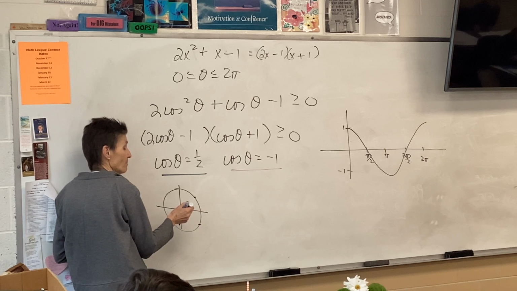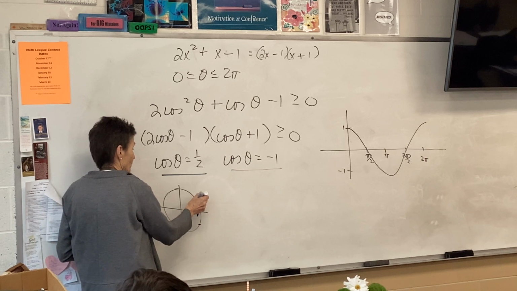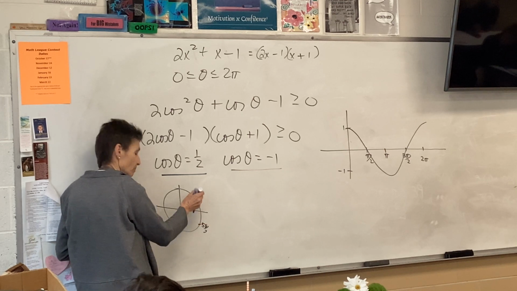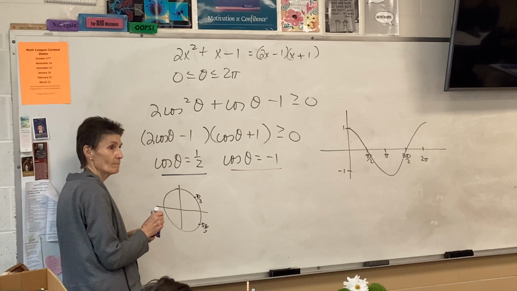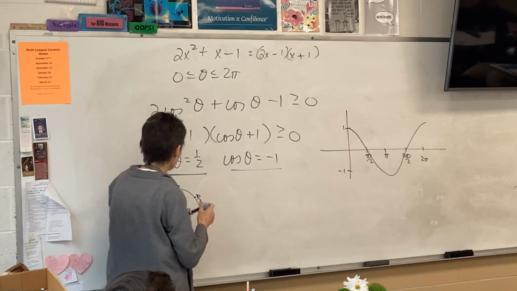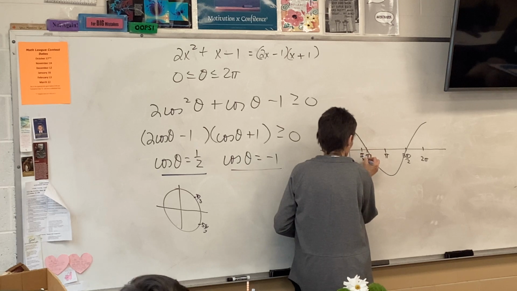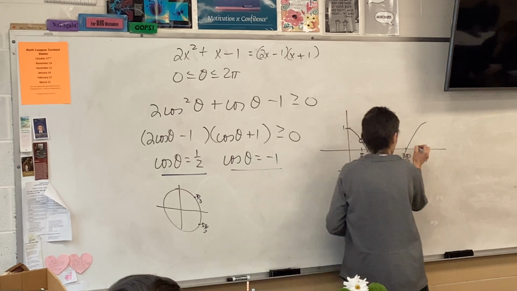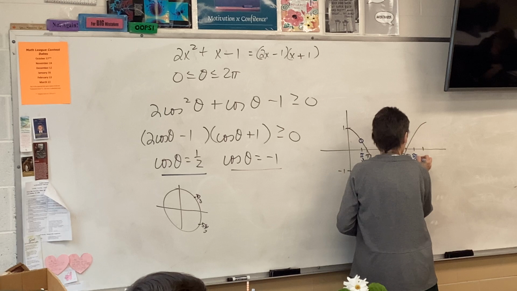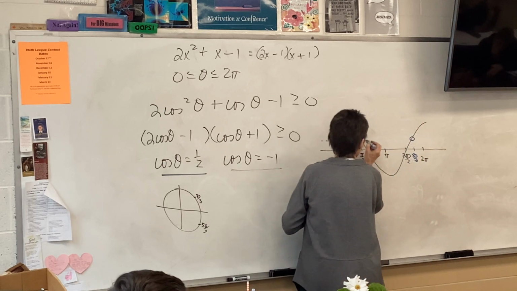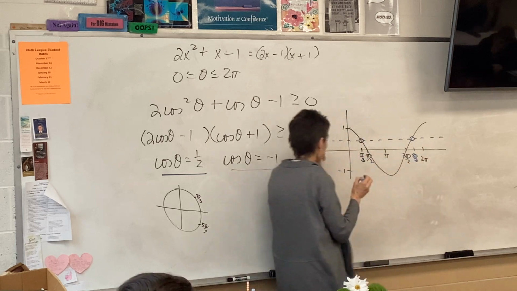Let's see, a half is pi over 3 and 5 pi over 3. So I'm going to come over here and in blue, here's pi over 3. And here's 5 pi over 3. And that makes perfectly good sense because that's where the cosine is a half.